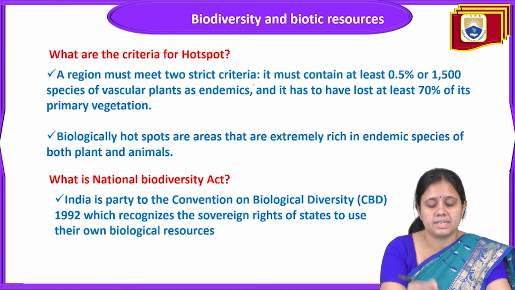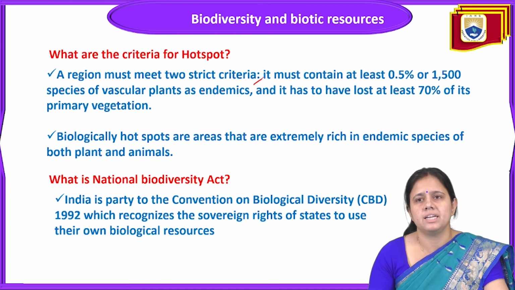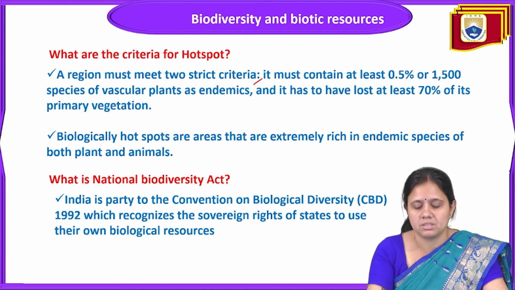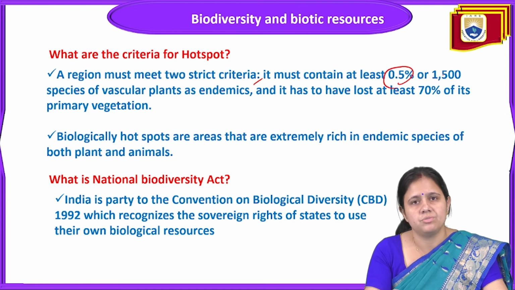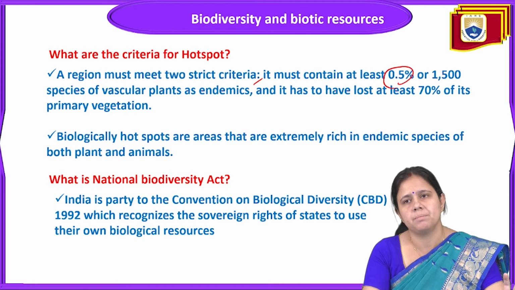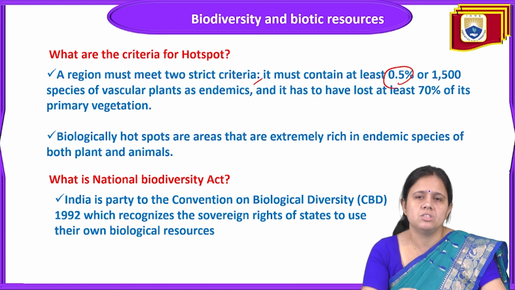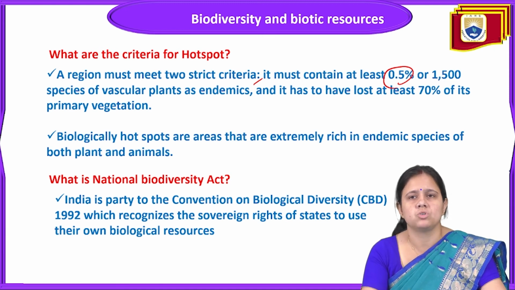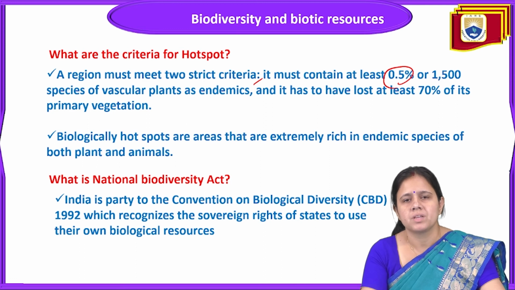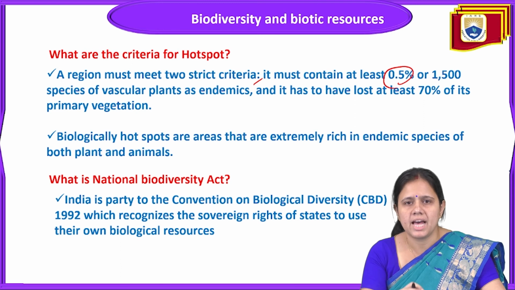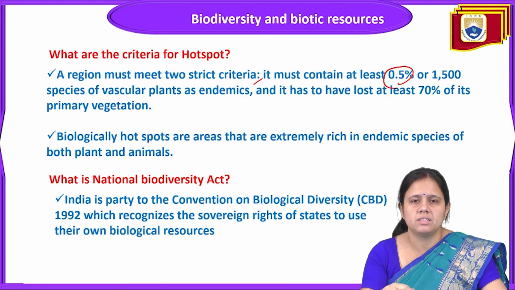First one is that it must contain at least 0.5%, or 1500 species of vascular plants, as endemic. Endemic means they belong to that particular area only, they are native to that area only, and these are called endemic species of vascular plants.